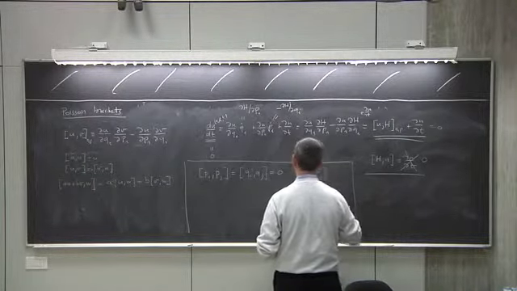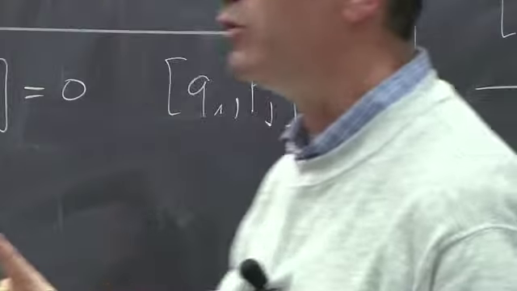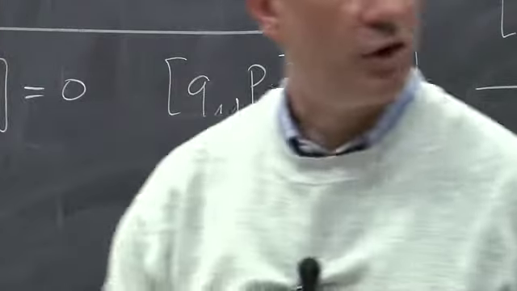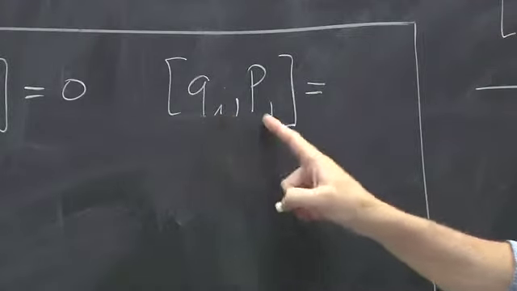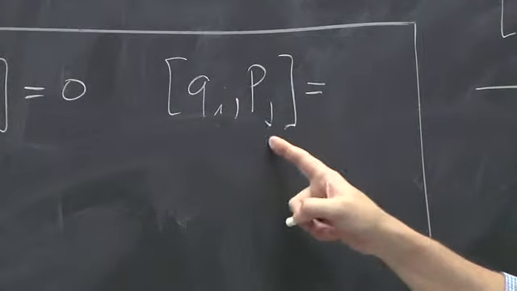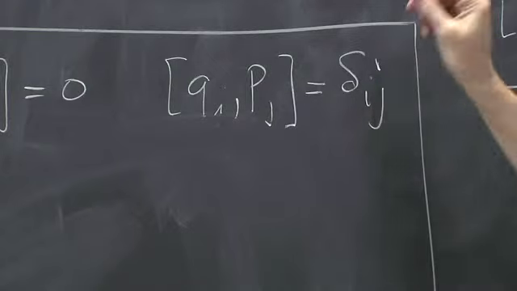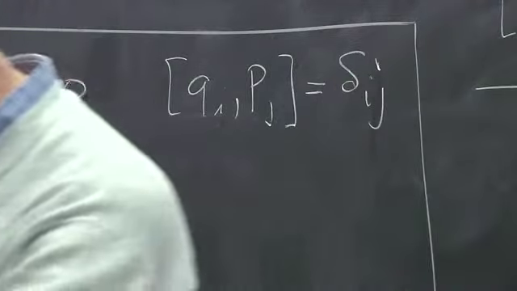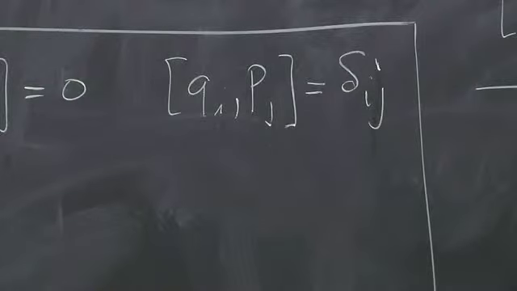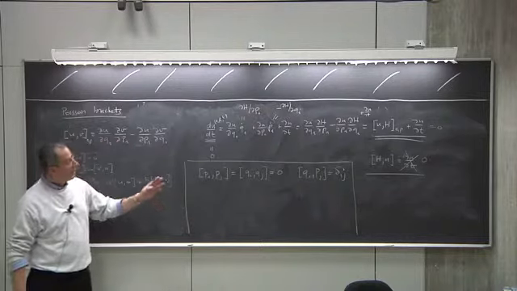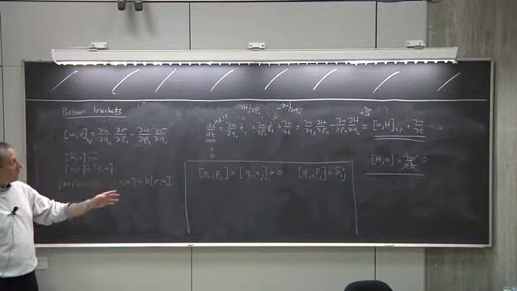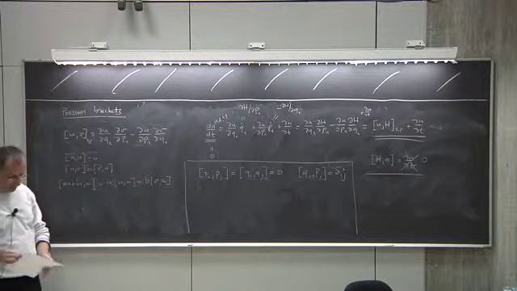And in fact, the only case in which you don't have a vanishing quantity is if these two indices happen to be the same. And so, back to the Kronecker delta tensor. So these are called the Poisson fundamental brackets, I guess.